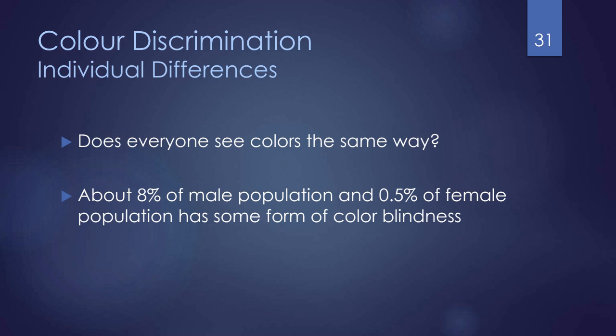A small part of the population does experience some form of color blindness. It turns out to be about 8% of the male population and about 0.5% of the female population that has some form of color blindness.